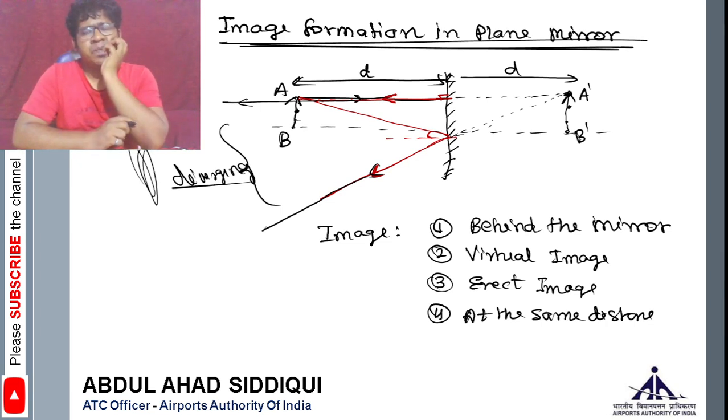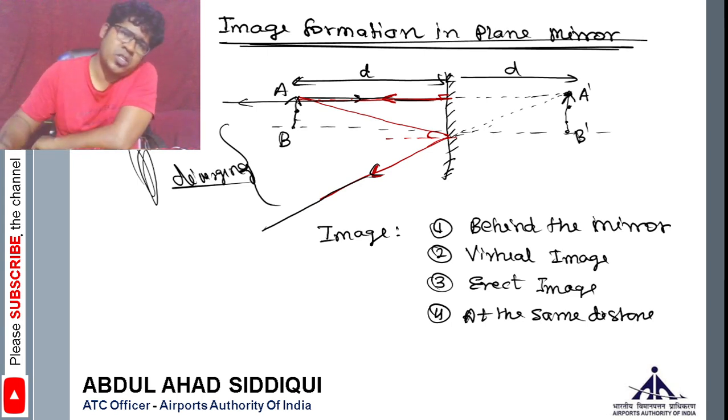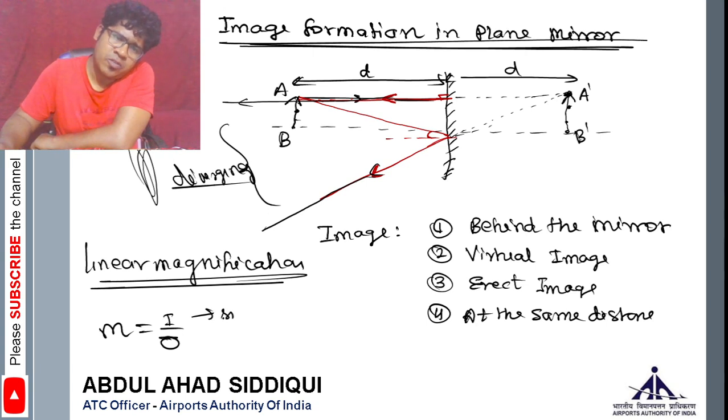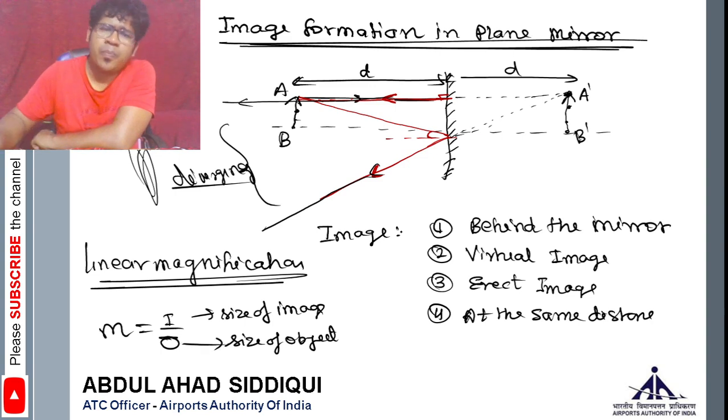Now second thing is, what is the magnification? Let me tell you, linear magnification. There is a concept, linear magnification. m is equal to I upon O, where I is the size of the image and O is the size of the object. We follow the same rule: let's say this is the origin, the above one will be taken as positive, below one as negative.